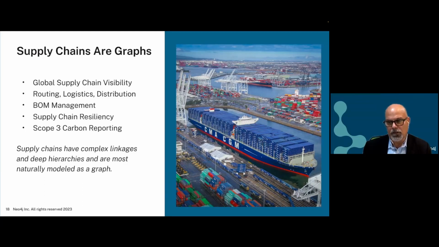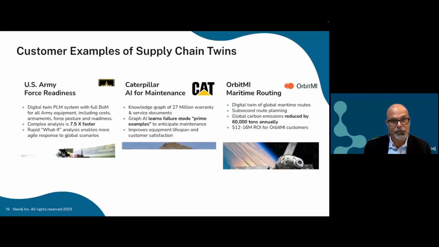All of these analyses are best conducted in a graph, which is really just an expression of the complexity and the linkages that are naturally inherent in a global supply chain.